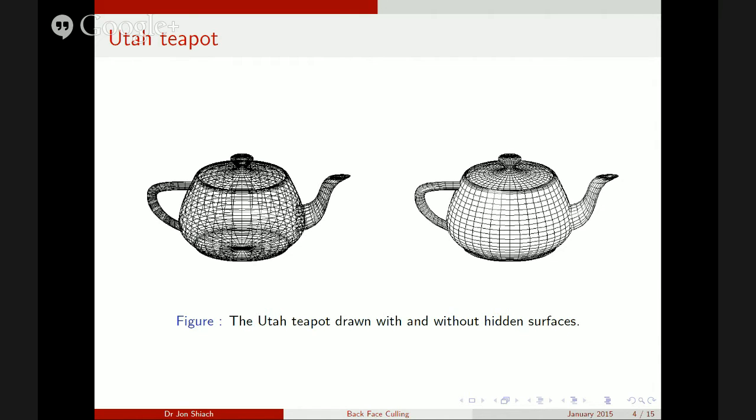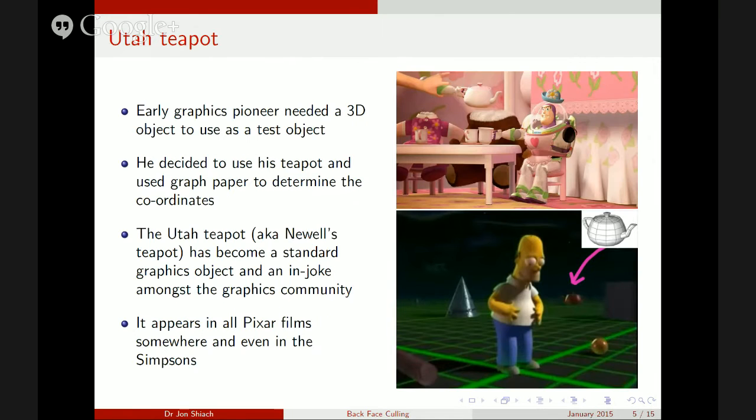Just by the by, I'm going to mention this teapot. You may see it quite often, and the reason it's a famous object is Martin Newell, way back in the late 60s, early 70s.